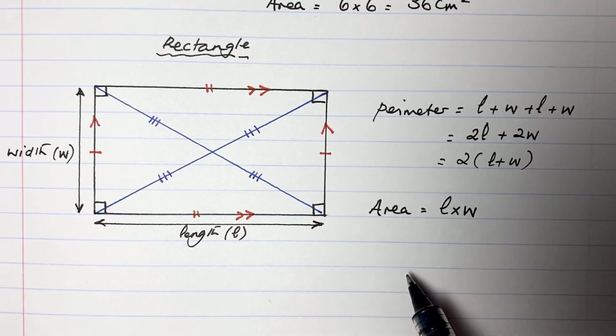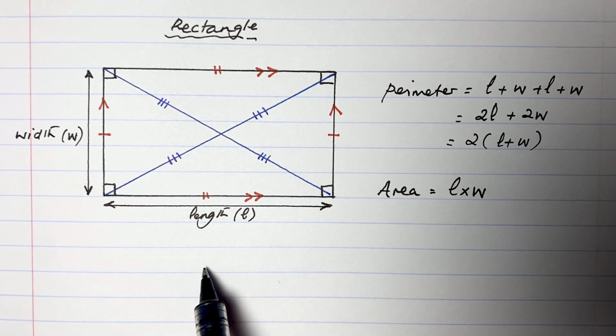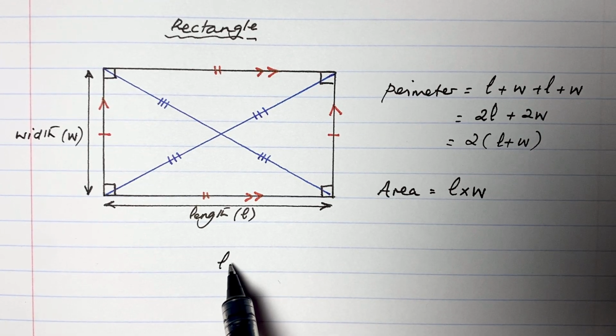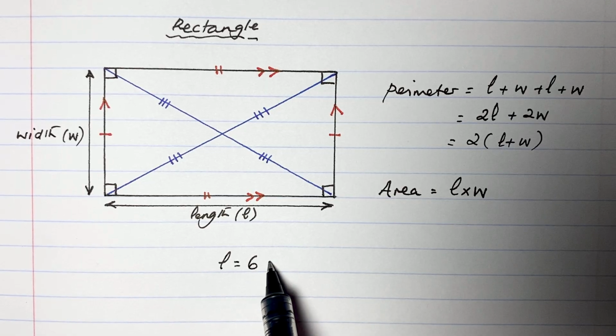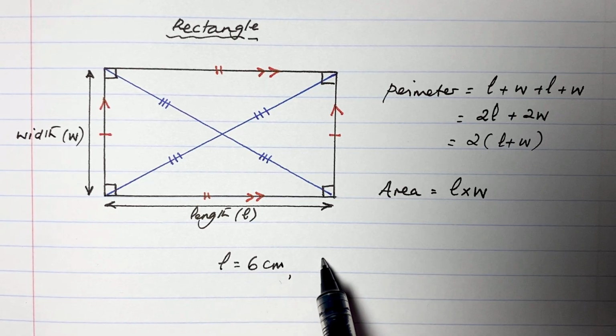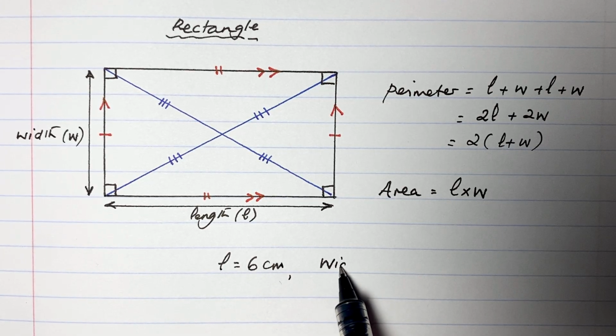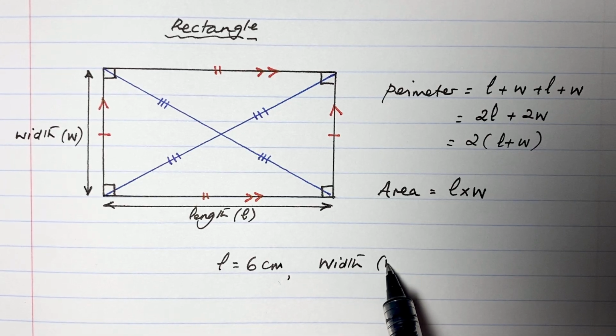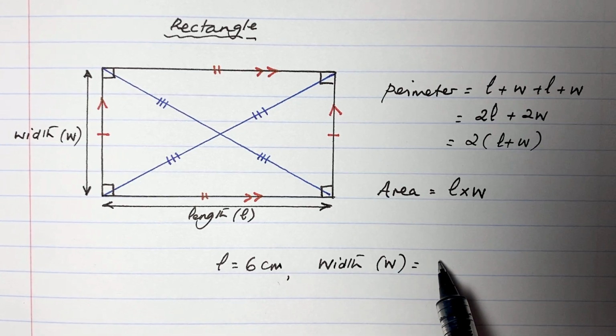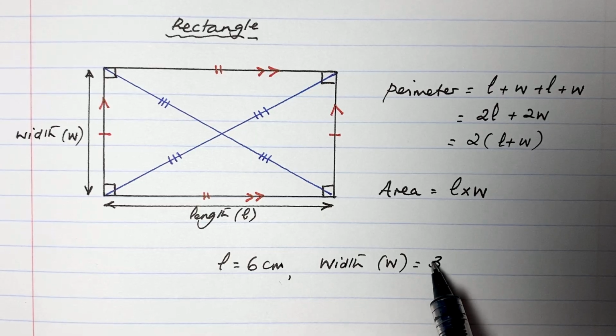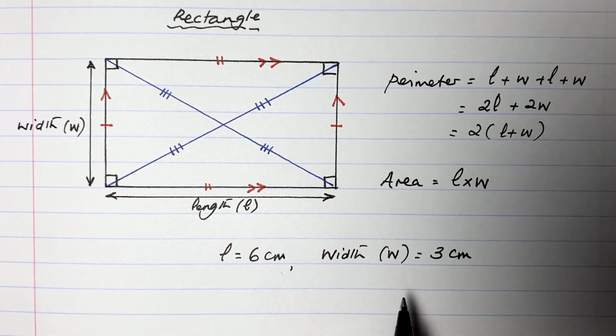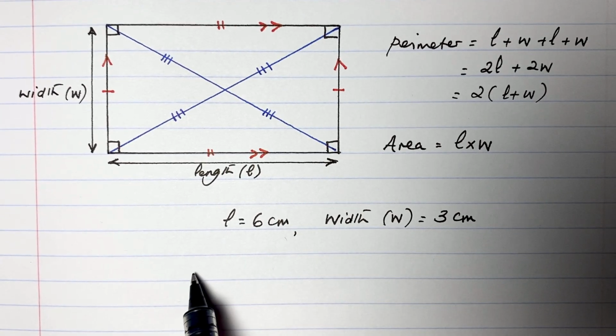Let's now have some examples. I've got a rectangle. The length is 6 centimeters and the width, or W, equals 3 centimeters. So I want to now find the perimeter.